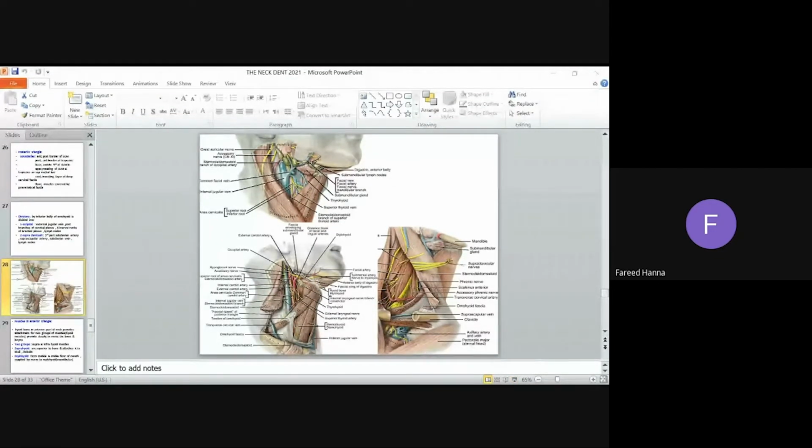In the picture at lower right, you see the clavicle has been cut from here. This is the inferior belly of omohyoid. This is the supraclavicular triangle covered with fascia. The fascia has not been removed from here.